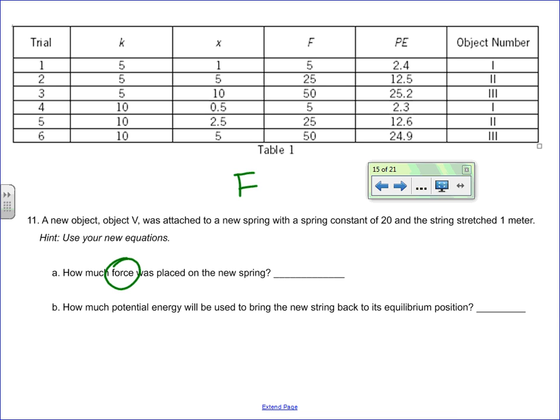K times X. So F is equal to K times X. We're looking for F. What is K in this case? 20, because it's the spring constant. So we put 20 in here. And what is X? 1, because it's stretched 1 meter. 20 times 1 gives us a force of what? 20 bananas.